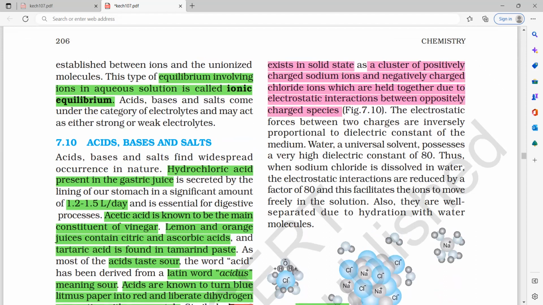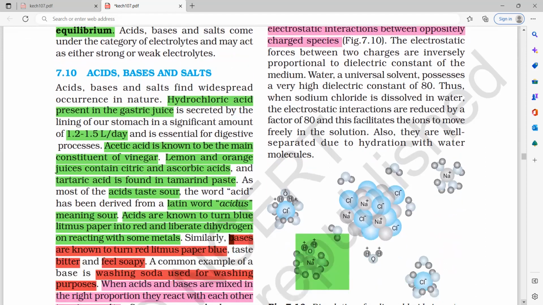Because we are having two types of charges, positive as well as negative, there will be a force of attraction between the ions. The electrostatic force between the two charges is inversely proportional to the dielectric constant of the medium. This you will come to know about in class 12th, when you will be studying electrostatics, electric field, Coulombic force.